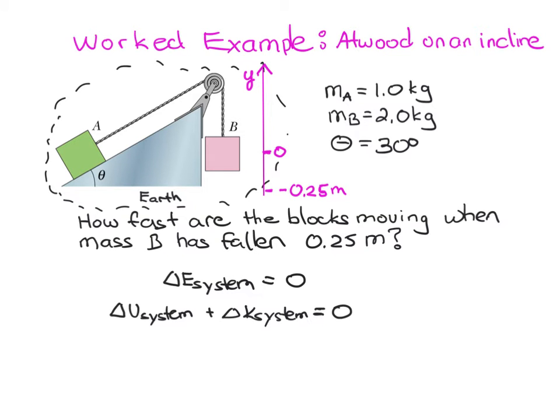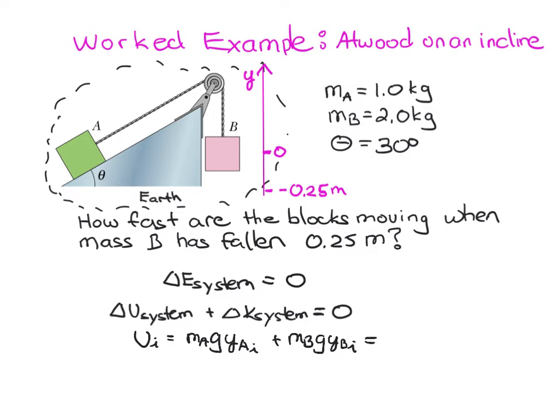Okay, now in the initial state of the system, which is shown in the picture here, the potential energy is due to the potential energy of the two blocks. And we won't lose any generality by assuming that block A and block B are both located at y equals 0 in elevation. So I'm going to write the initial potential energy of the system as m_A times g times y_A initial plus m_B g times y_B initial.